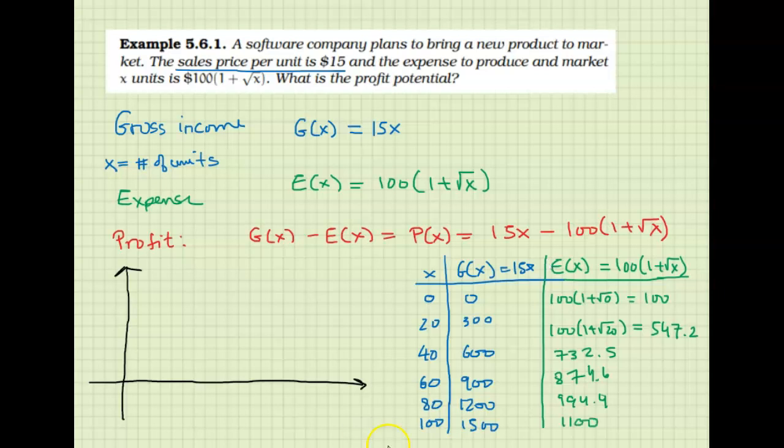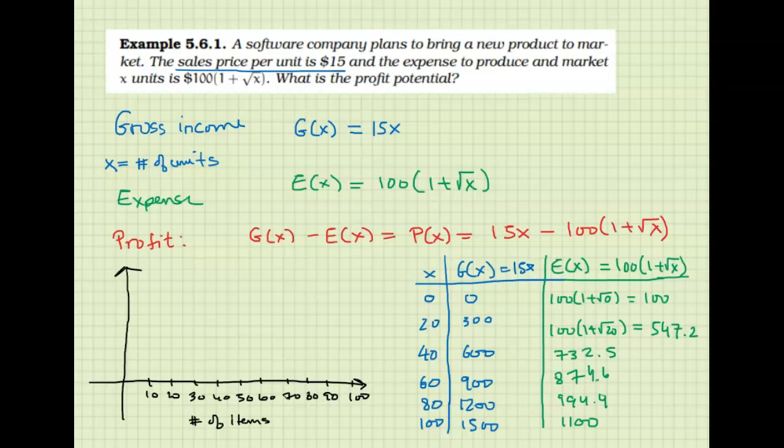Okay, so let's graph these. We should set our axes. Let's go 10, 20, 30, 40, 50, 60, 70, 80, 90, 100. This is x, the number of items.